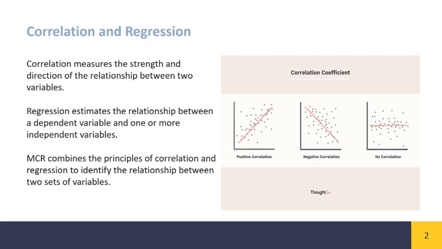Correlation measures the strength and direction of the relationship between two variables. Some methods of correlation are Karl Pearson's correlation coefficient and Spearman's rank correlation coefficient.